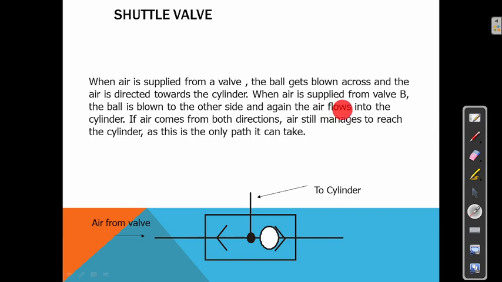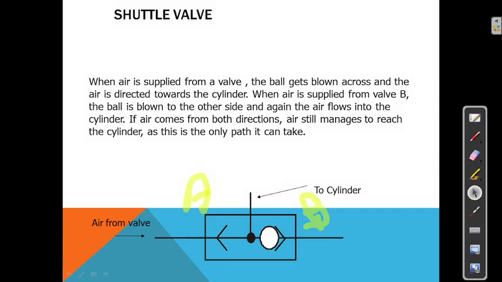When air is supplied from valve B, see, in the diagram valve A is here and valve B is here. This is the ball, and air will come from this side as well as this side. Pressurized air will come from this A side as well as this B side.